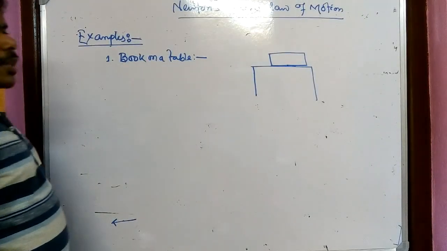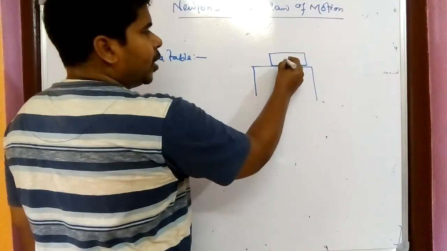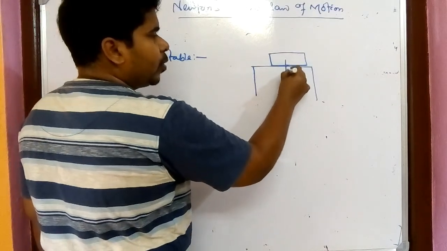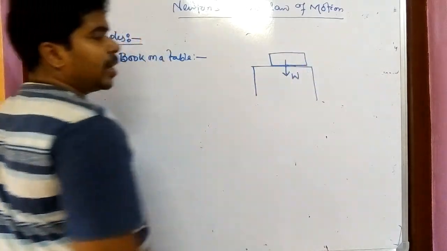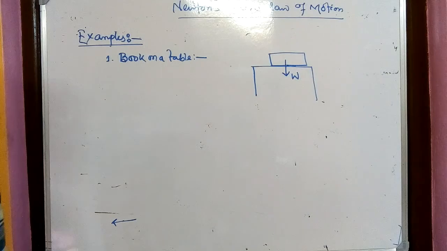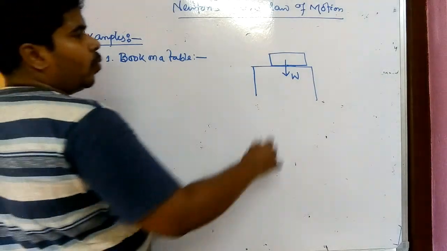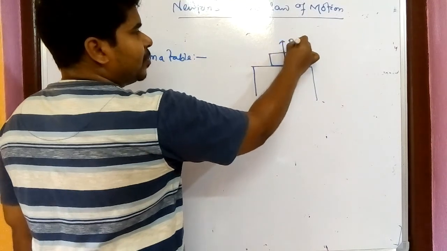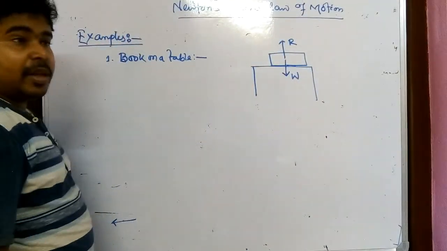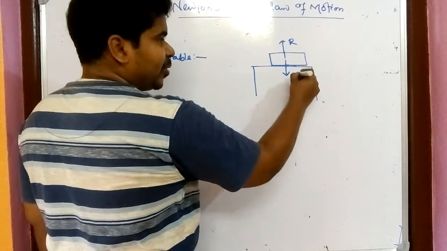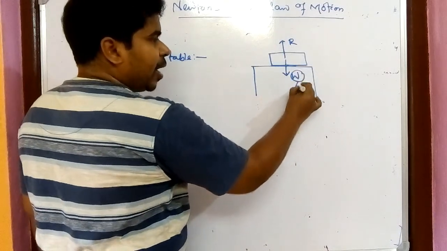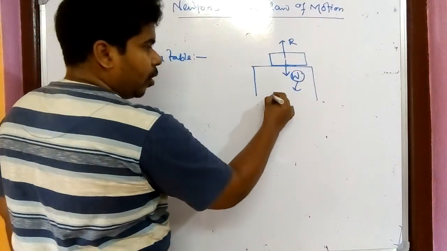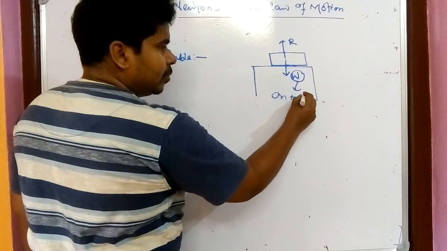Okay, so as you have kept a book over here, the book will apply a force downward, that is its weight, and due to that one reaction will be applied on the book, that is by the table. So action, here you see, this weight is applied on whom? On the table.